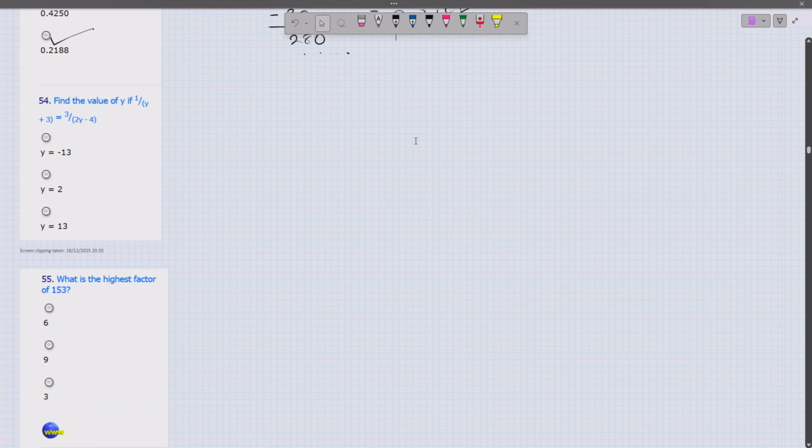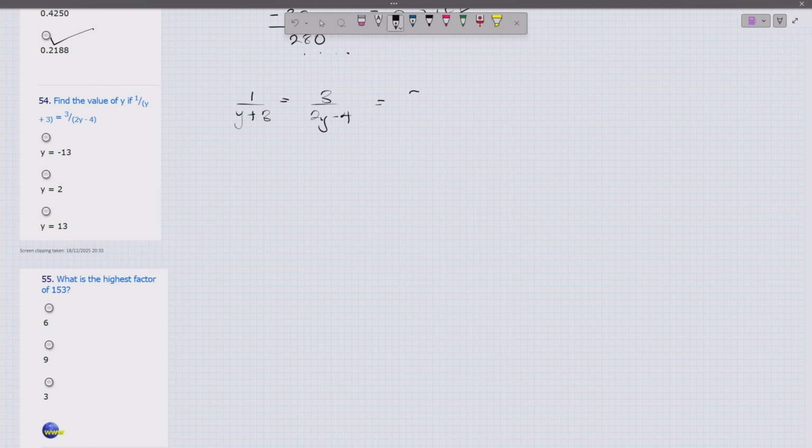Question 54 says find the value of y. We have 1 over y plus 3 equals 3 over 2y minus 4. You cross multiply, so you're going to get 2y minus 4 equals 3 into y plus 3. So 2y minus 4 equals, you expand, 3y plus 9.